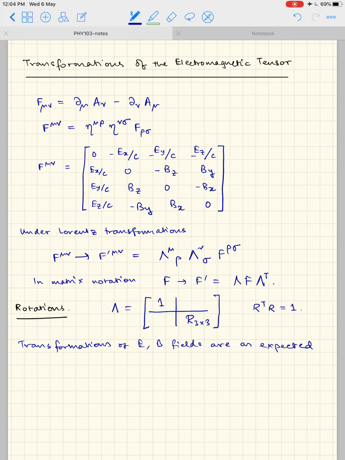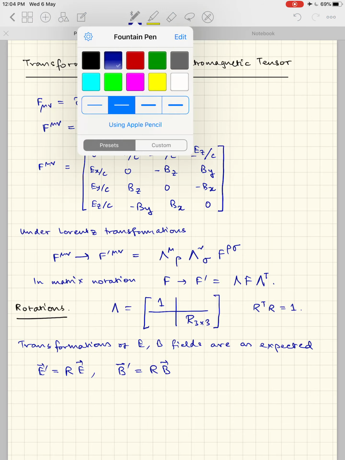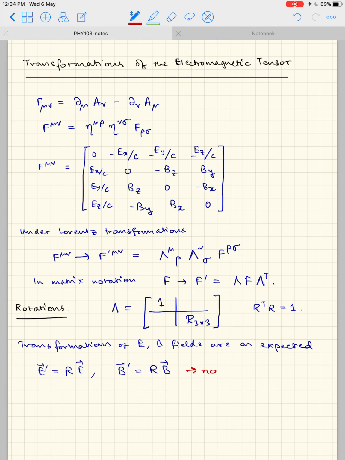So what is expected? Electric fields just rotate, as do magnetic fields, and crucially, there is no mixing between E and B. Rotations just deal with the spatial parts and do not involve the time direction, so you can just put this in and see.